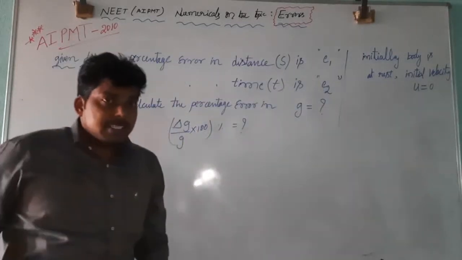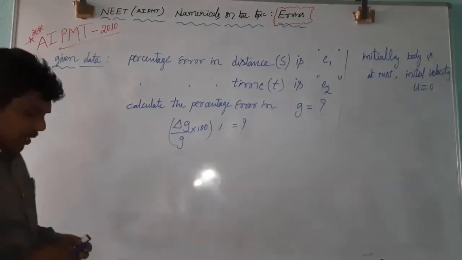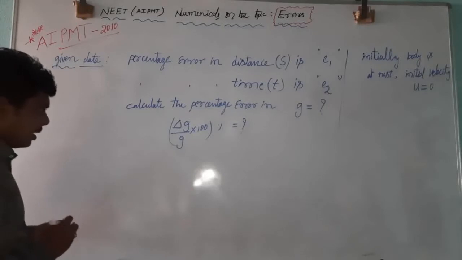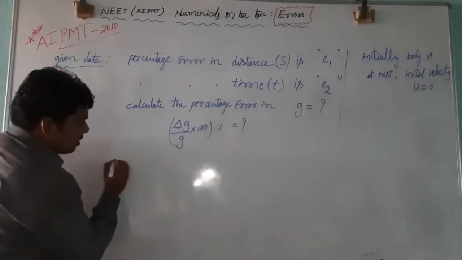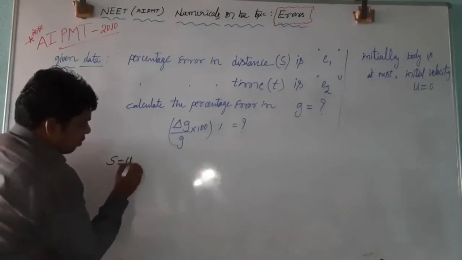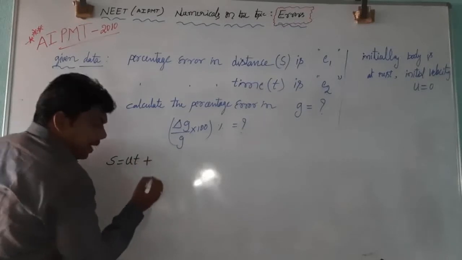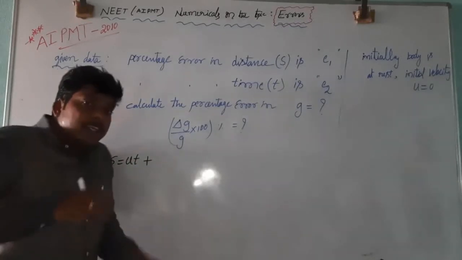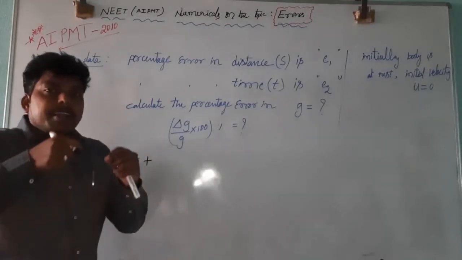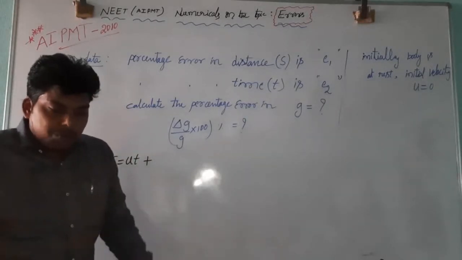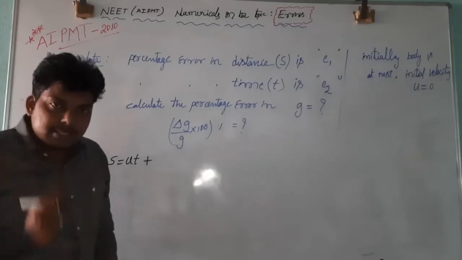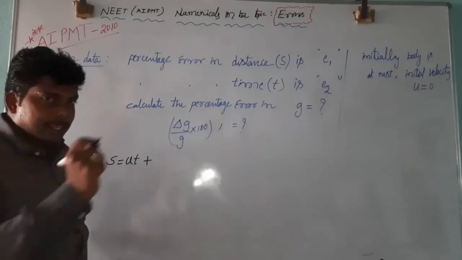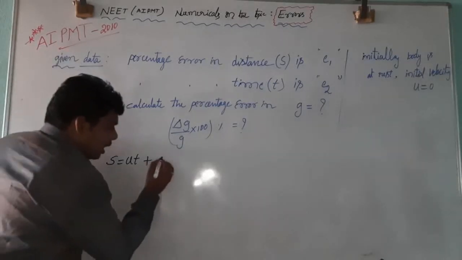What is the student calculating? Distance. To determine the distance traveled by the body, what is the formula? That is nothing but S is equal to ut plus at square by 2. A is nothing but acceleration. Which acceleration do we have to consider here? Acceleration due to gravity. Due to gravitation, there will be a certain increase in velocity. That increase in velocity with respect to time is considered as the acceleration due to gravity.